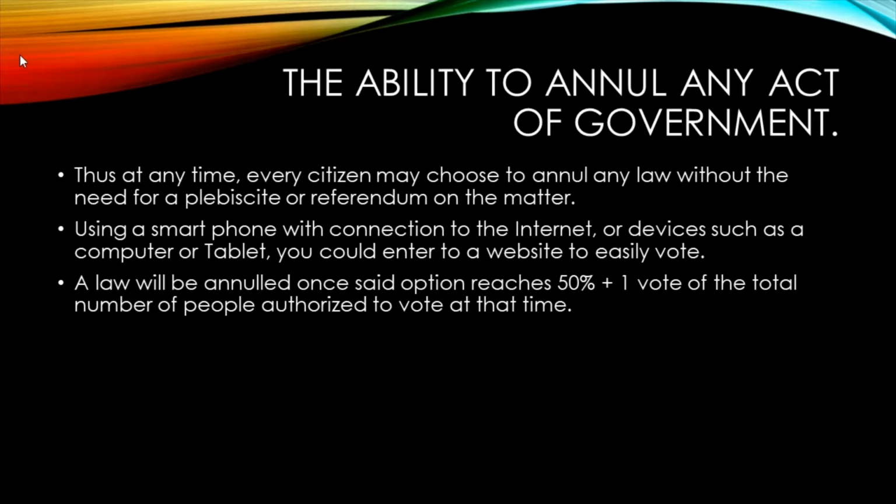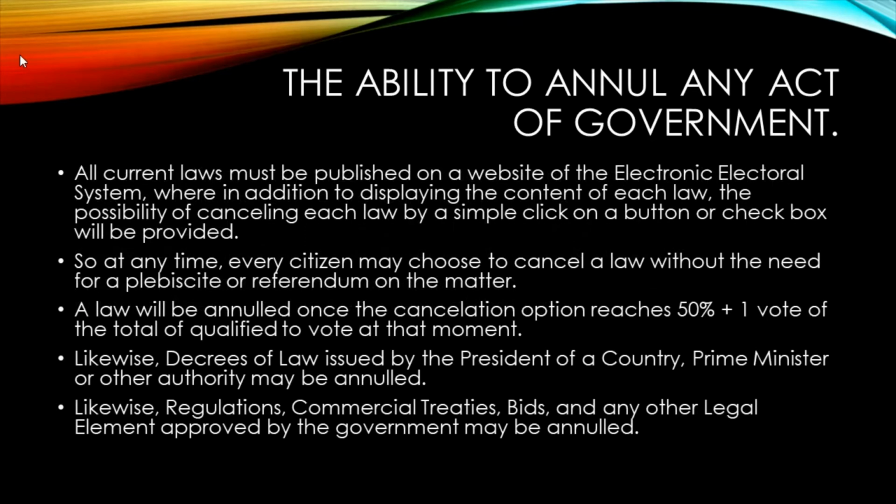All current laws must be published on a website of the electronic electoral system, where in addition to displaying the content of each law, the possibility of cancelling each law by a simple click on a button or checkbox will be provided. So at any time, every citizen may choose to cancel a law without the need for a plebiscite or referendum on the matter.